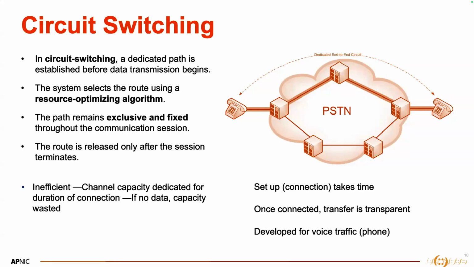When we talk about circuit switching, we talk about transparent dedicated communication channel. When we talk about packet switching, we talk about flexible IP packets, which can take any path based on the decision of the routing protocol, right?